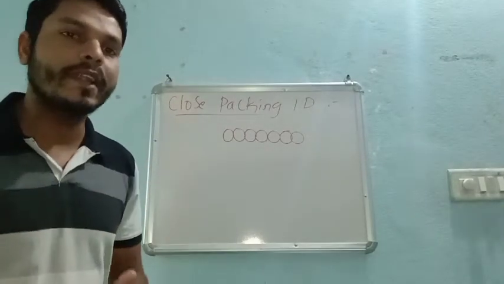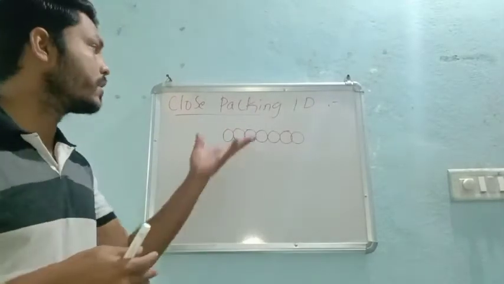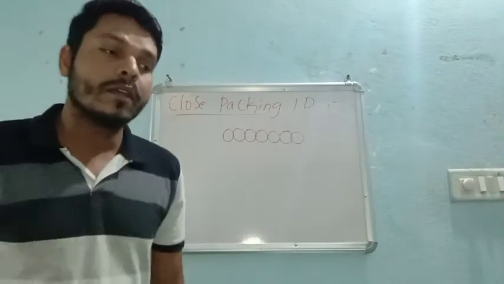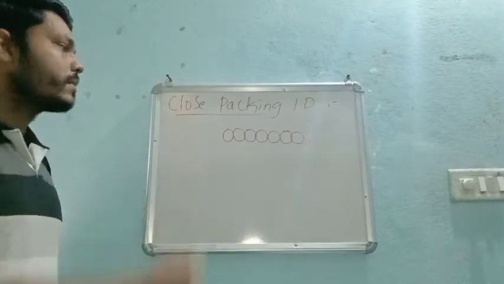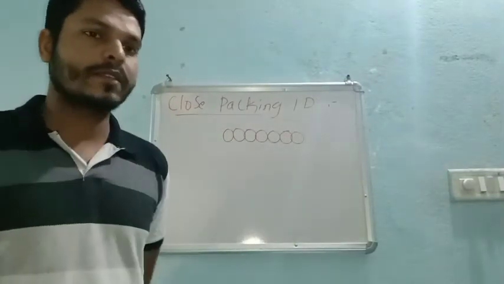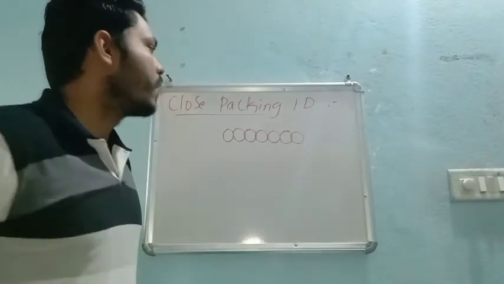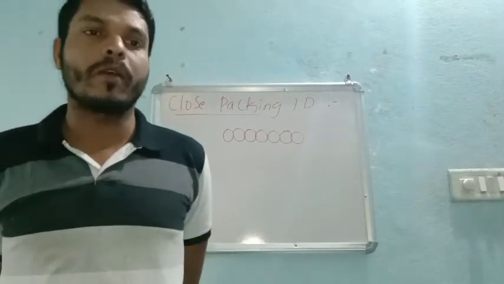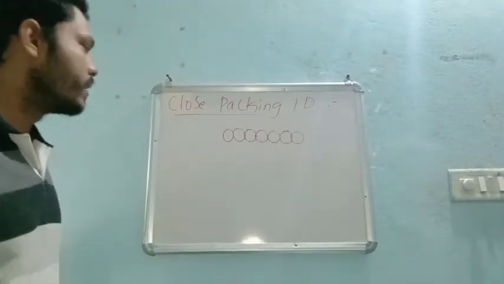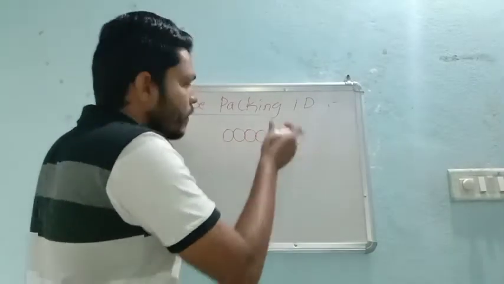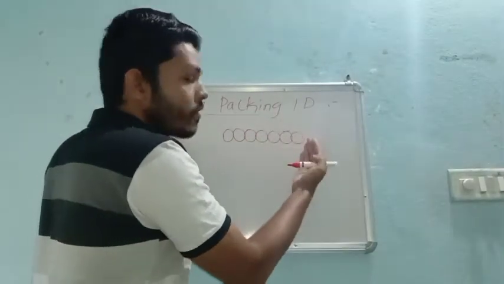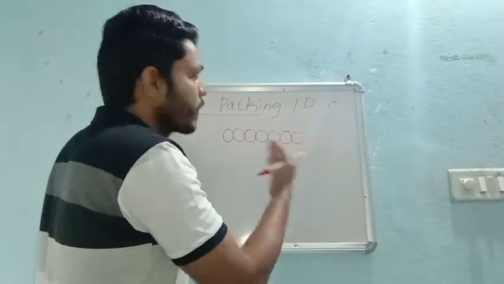They may directly ask during your competitive exams, this part is very important, right? They might directly ask what is the coordination number in a one dimension type of arrangement. In that case, as I said, you consider any in-between atom. That means it is not the end of this solid, it is the continuation.